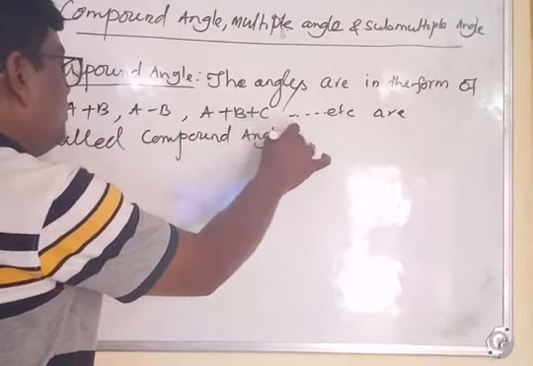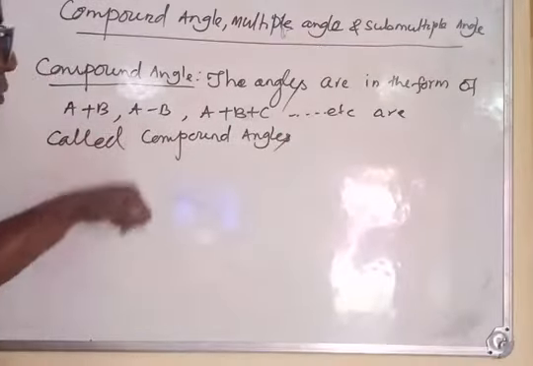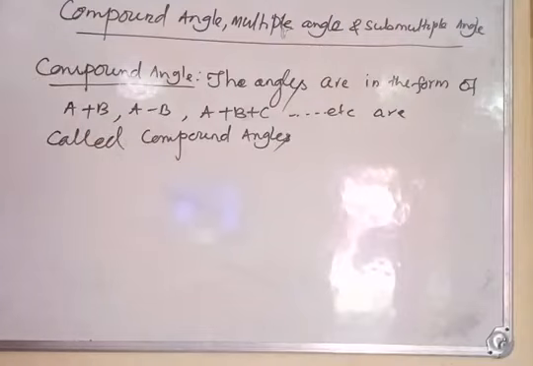Clear? The angles which are in the form of a plus b, a minus b, a plus b plus c, etc. are called compound angles.